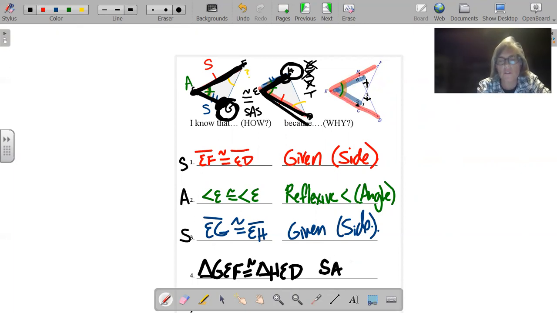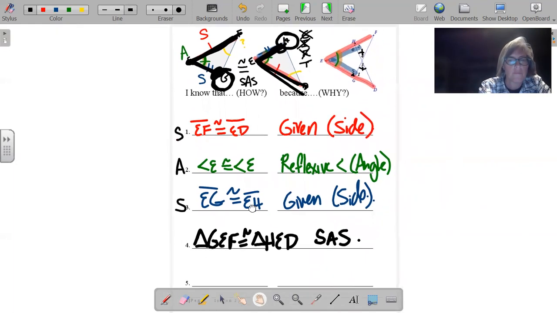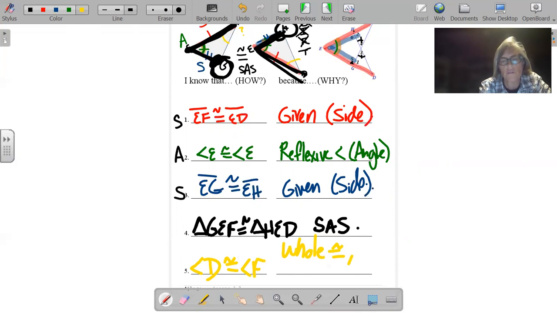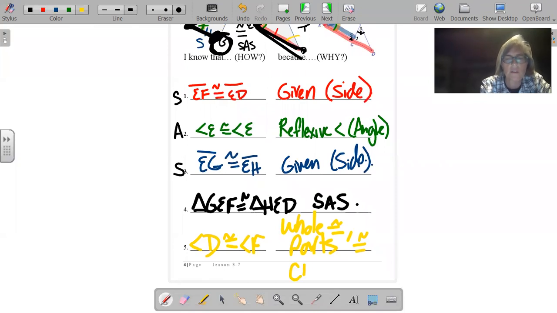Reason why those triangles are congruent is side, angle, side. Finally, whole equal, parts equal. I can now say that angle D is congruent to angle F, whole congruent, parts congruent, or CPCTC.